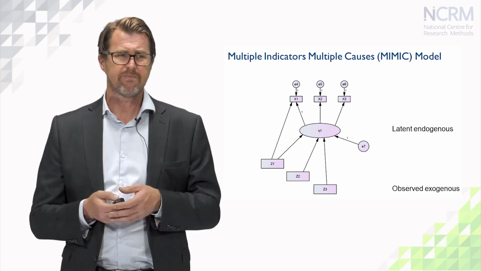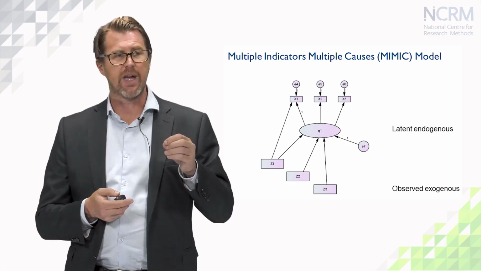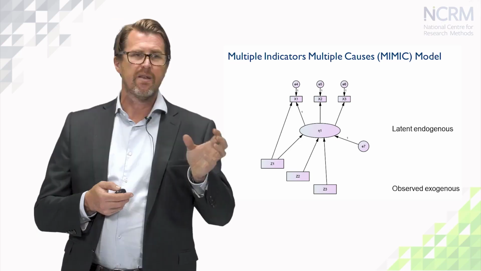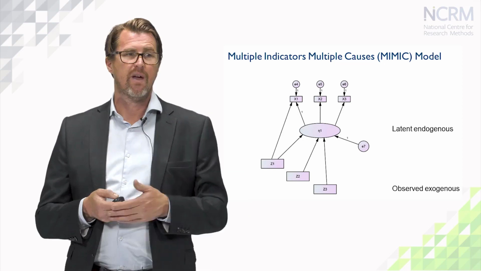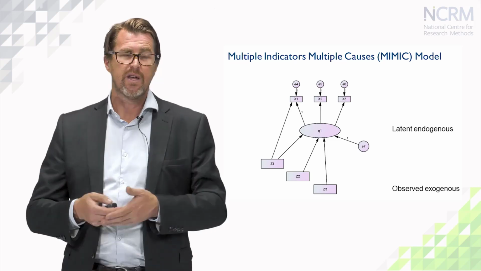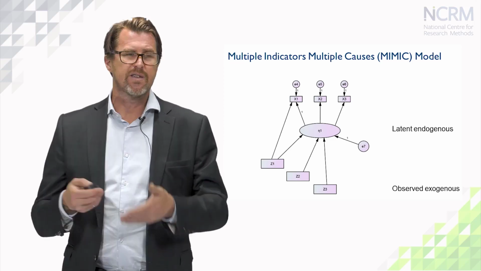And if we find a significant beta weight running between Z1 and X1, that would tell us that depending on your score on Z1, you would have a higher or a lower probability of getting a correct answer to X1. And that would be over and above your score on the latent variable, which in this case would be some kind of ability score. And that would tell us that there's a problem with that item.